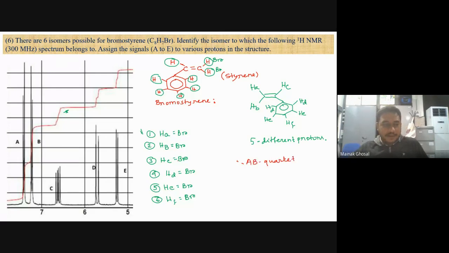You can see the AB quartet kind of structure in this region, and these values are 7.2 and 7.7, 7.3 and 7.2 like that. So in the aromatic region, you are only seeing an AB quartet kind of thing, and also only 2 signals.